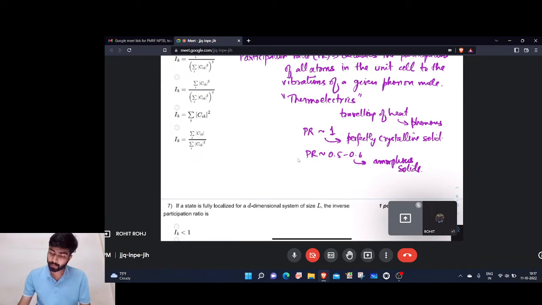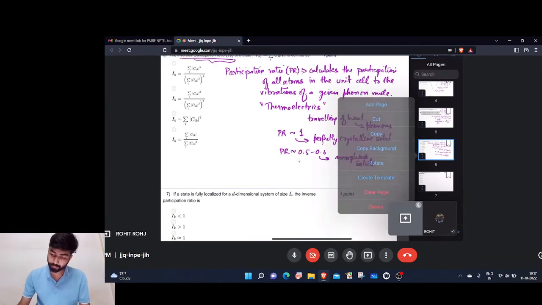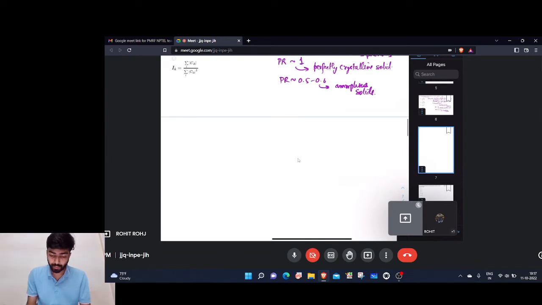So let me take a separate page. So this participation ratio, only PR I'm stressing on, is defined as the following expression.